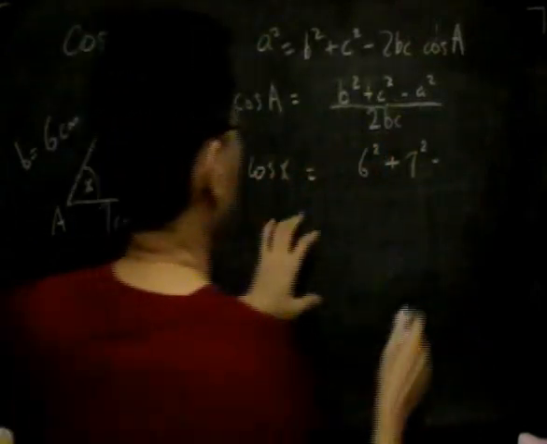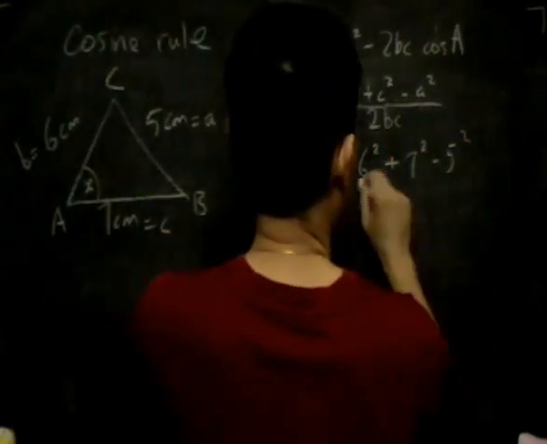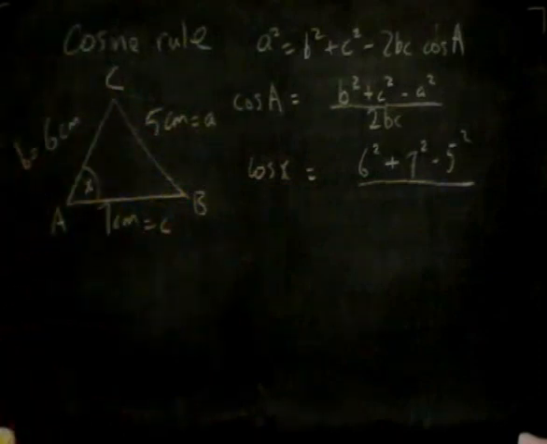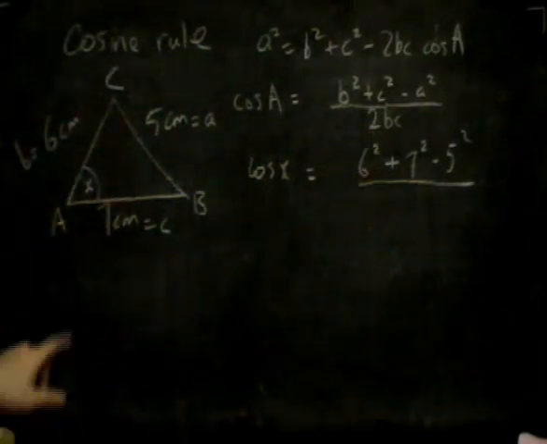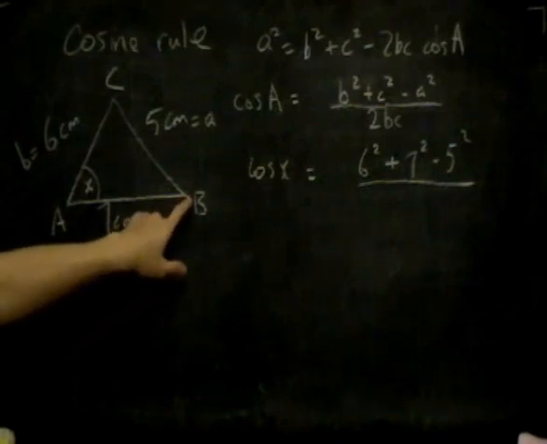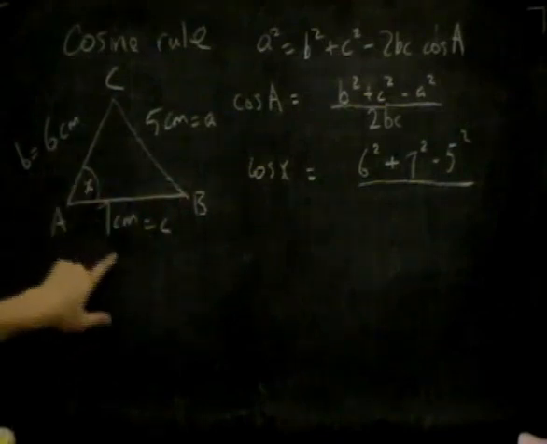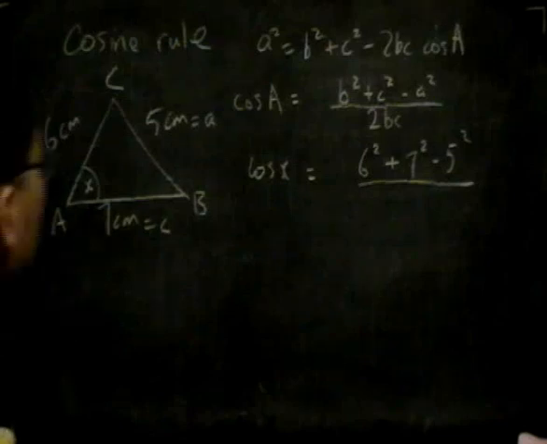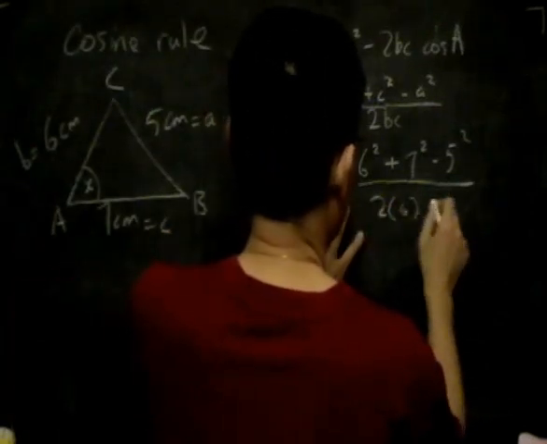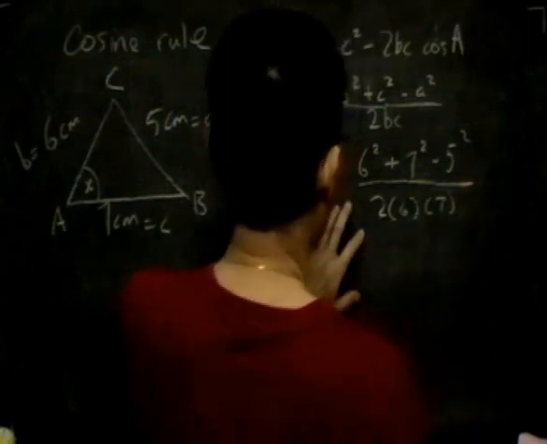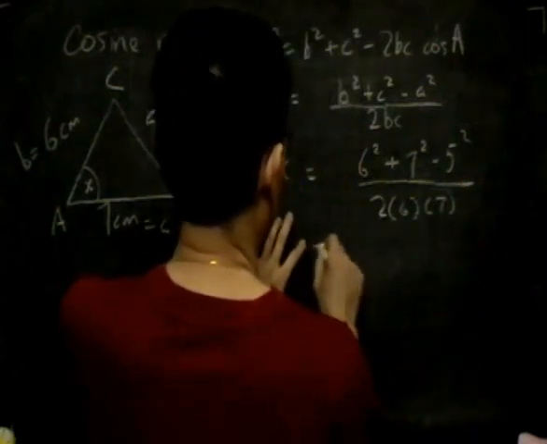A is 5. Divided by 2bc. B and C, 6 and 7. So 2 times 6 times 7. Okay.